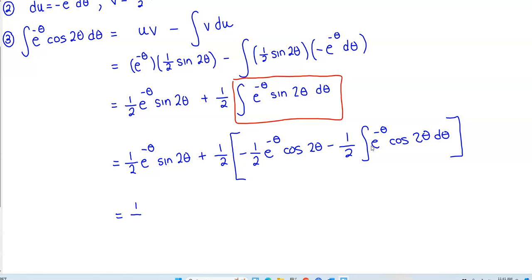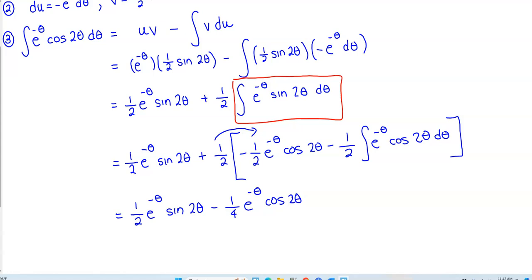So we get 1/2 e to the negative theta times the sine of 2 theta. Distribute the 1/2, and we get minus 1/4 e to the negative theta times the cosine of 2 theta.